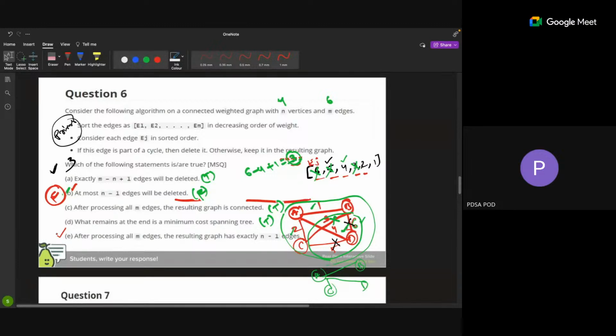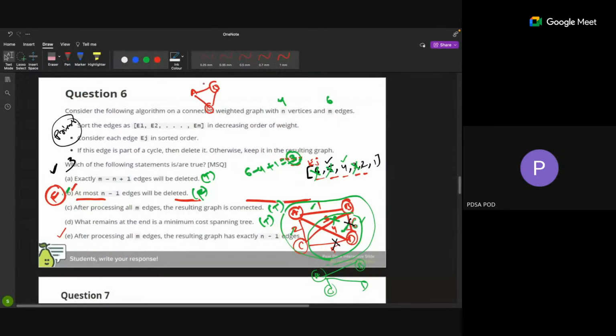Yes. Clear? But at most, they said it. Below that it is not possible. So at most is not right, but exactly is right. Sometimes even with 3 vertices, for example, let me take A, B, and C. This is the graph.